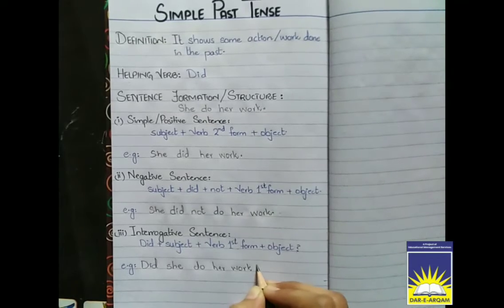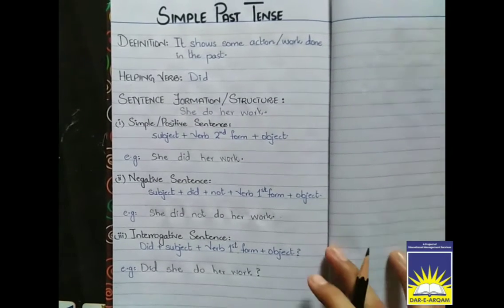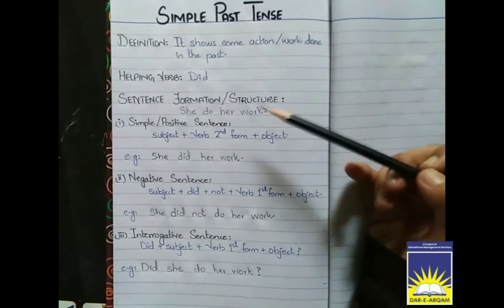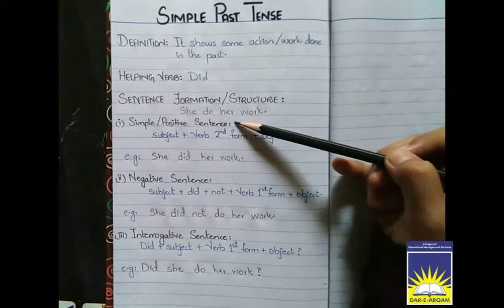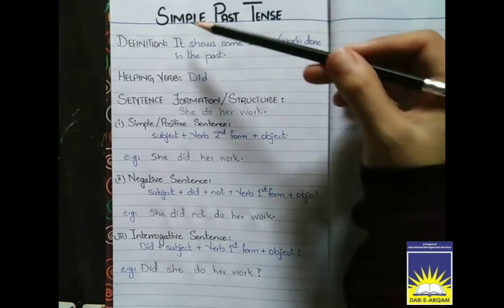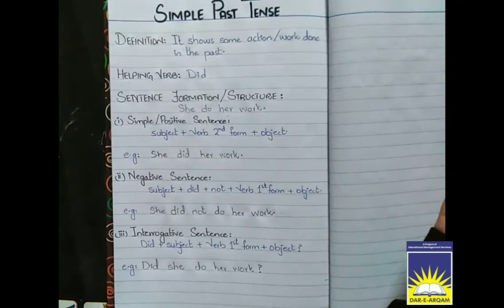In the last I have to put question mark, so it will become questionary sentence. So did you see that how I converted this sentence into simple past, a simple past, simple sentence, then negative sentence of simple past tense, then interrogative sentence of simple past tense.